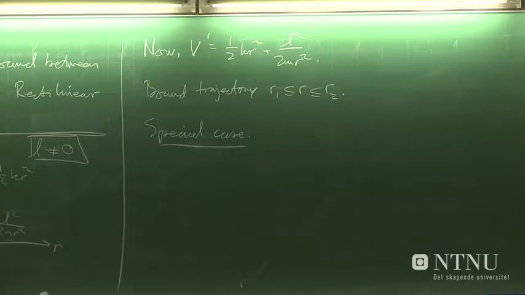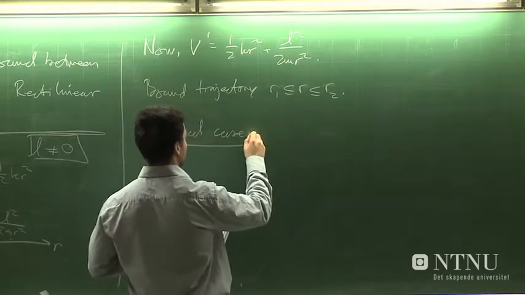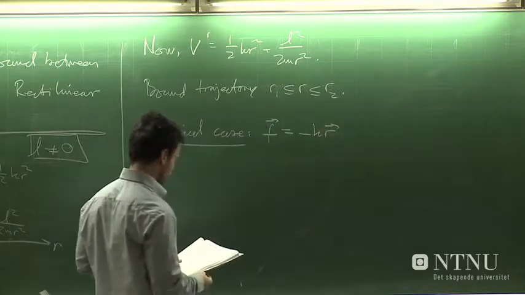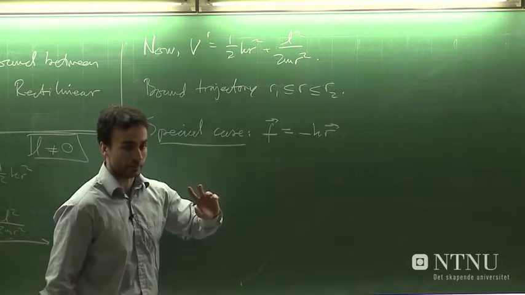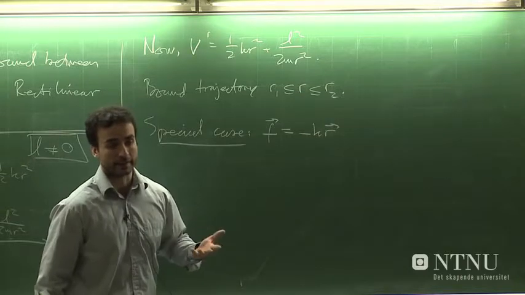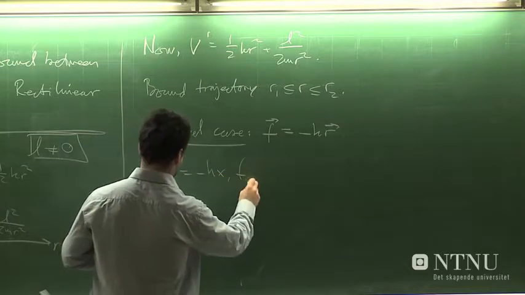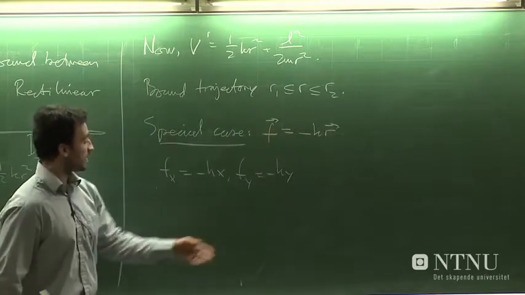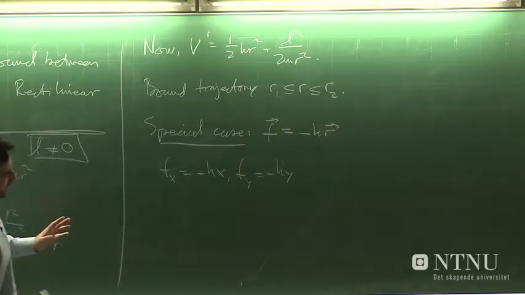And there's one special case which I would like to mention in particular. And that is if you have a force which is written like this. So we now have movement in a plane. So we can decompose this total force into an x and a y component, but both with equal constants. So it means that the harmonic oscillator has equal frequencies, both along the x and y direction.